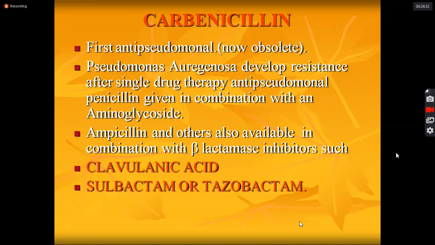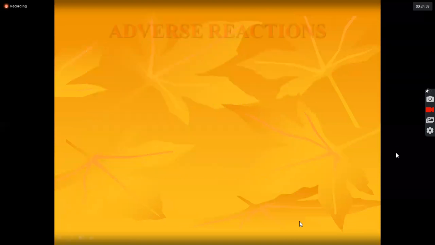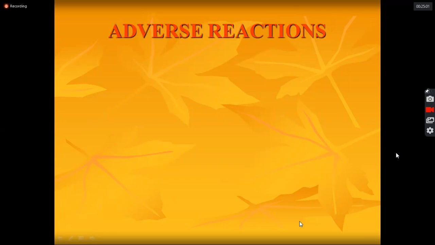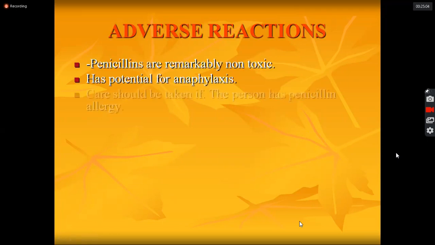So the penicillin has the antibacterial activity, and clavulanic acid or sulbactam or tazobactam is added to inhibit the beta-lactamase if it is produced by the bacteria which the patient is infected with. So these are just added to inhibit the beta-lactamases, making the agent that you are giving more effective. It is not rendered resistant by the production of the beta-lactamase.